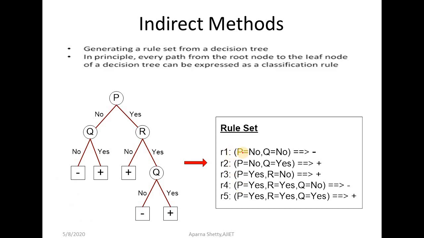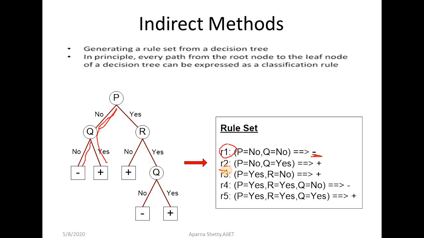See here, rule R1: this is one path in the decision tree. P is equal to no, Q is equal to no, then class is minus. So you will generate this rule R1 for this path. And one more path here: P is equal to no, Q is equal to yes, you will classify it as class plus.